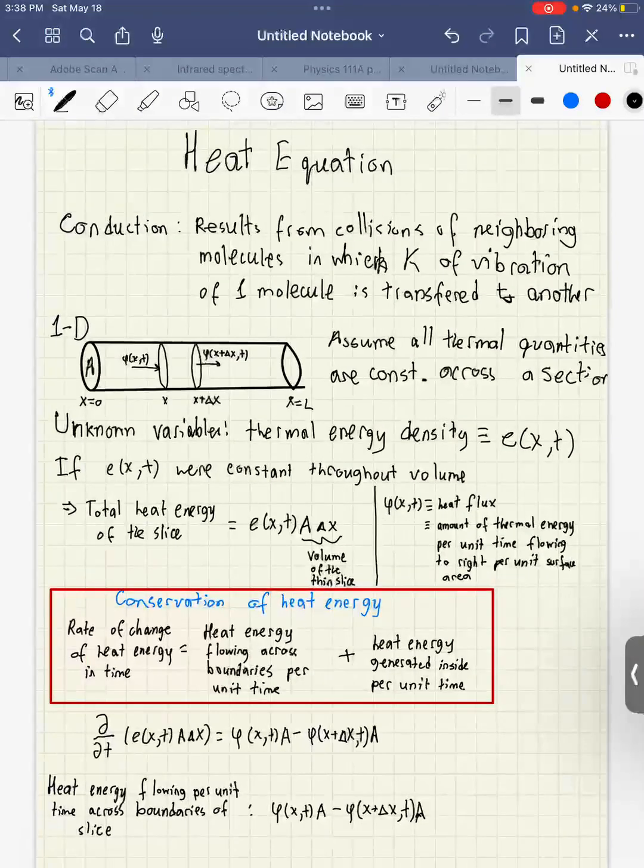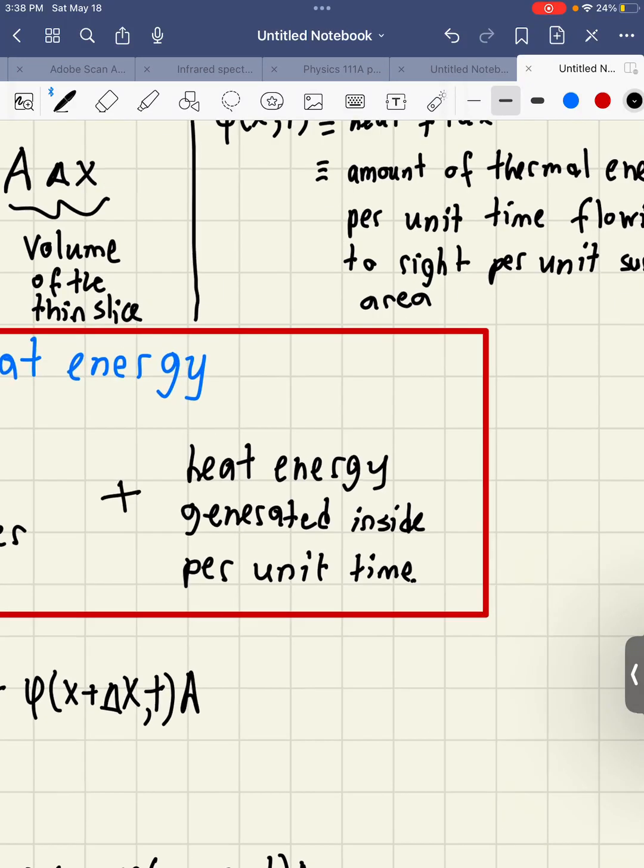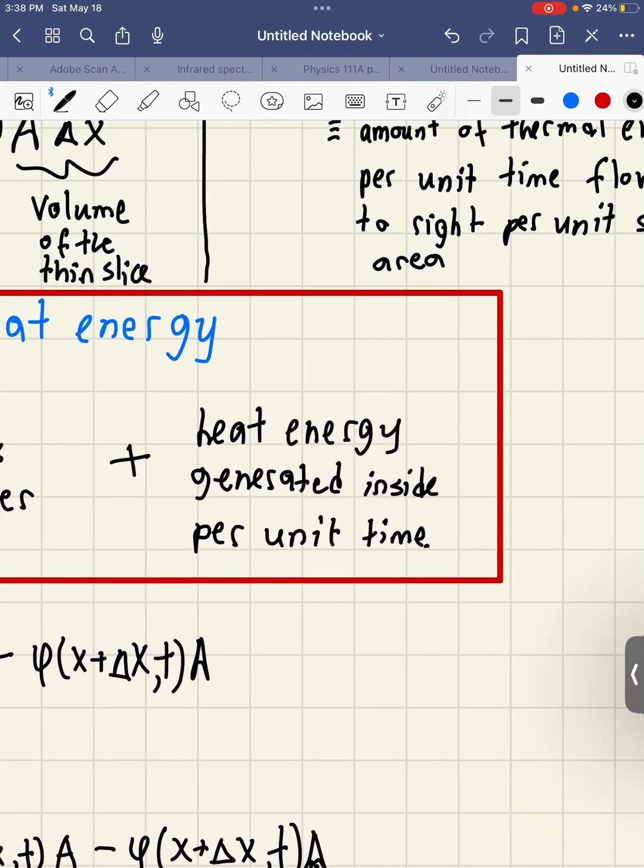Now, the heat energy generated inside per unit of time. The heat energy that is generated within our slice per unit of time, we're going to just call it q of x, t, which is the heat energy generated density, how uniformly dense it is generated or distributed.